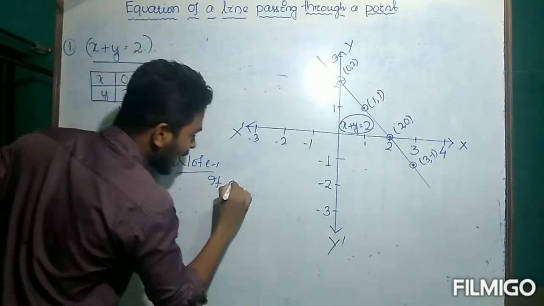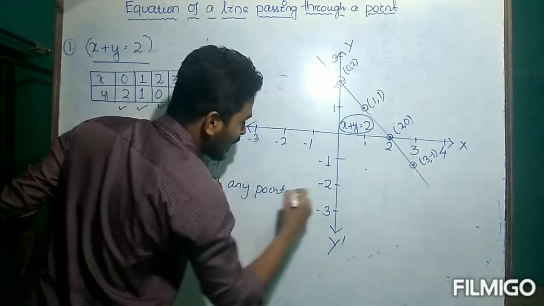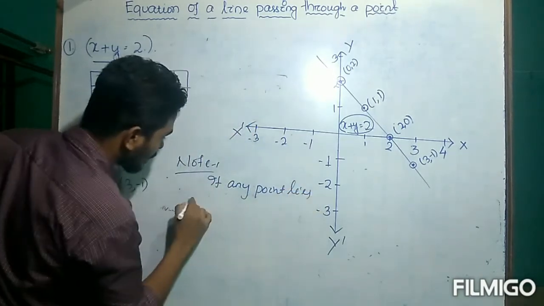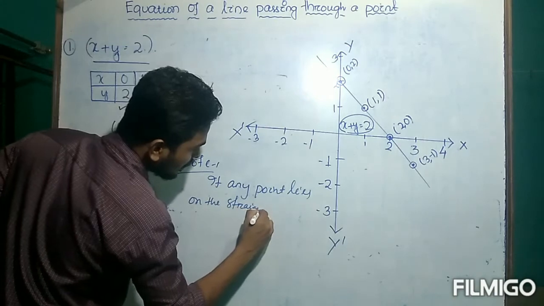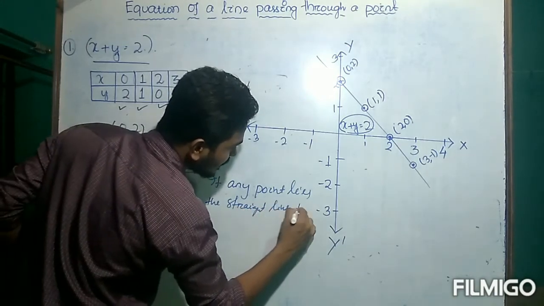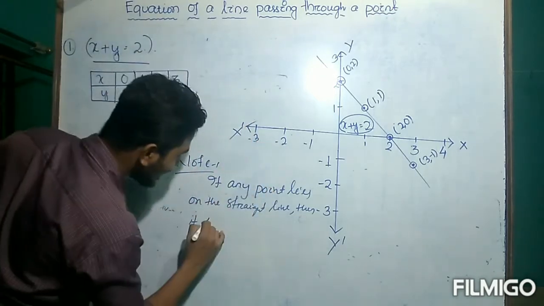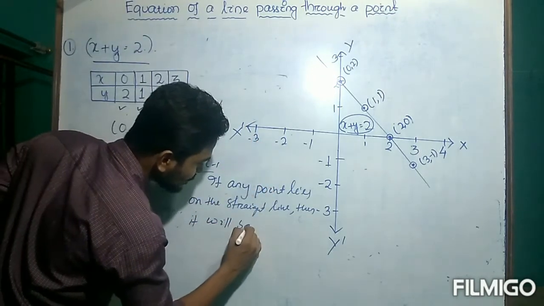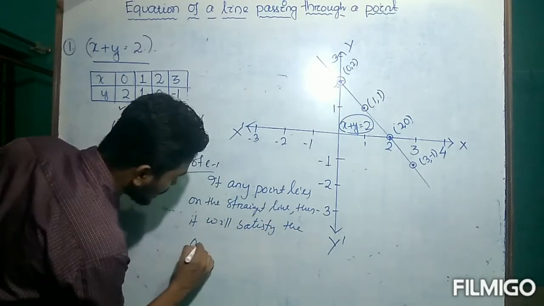If any point lies on the straight line, then this point will satisfy the original equation.